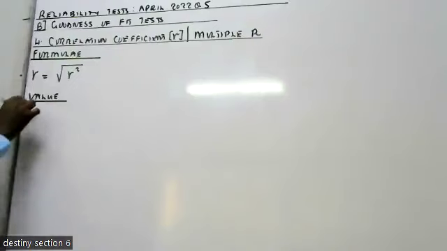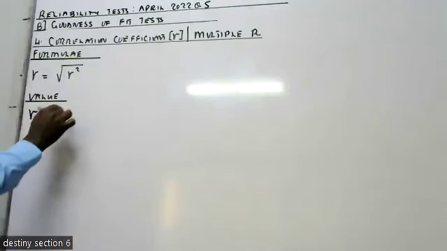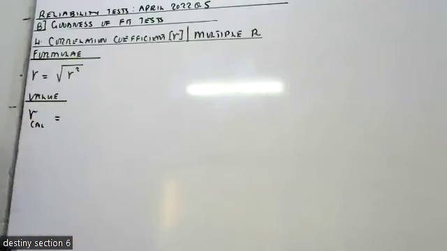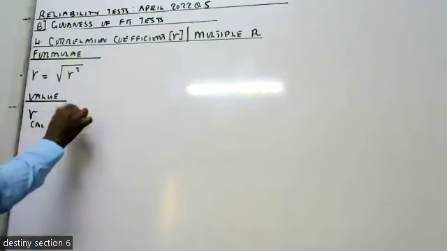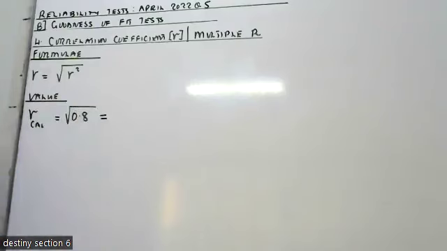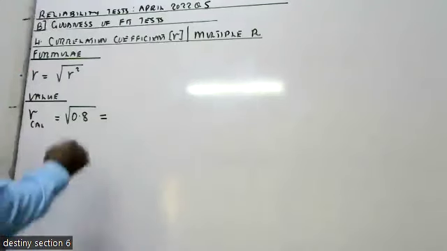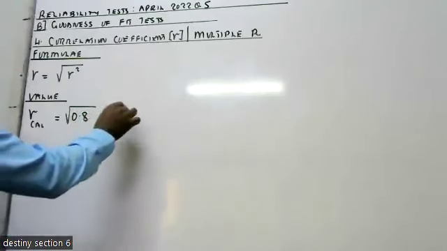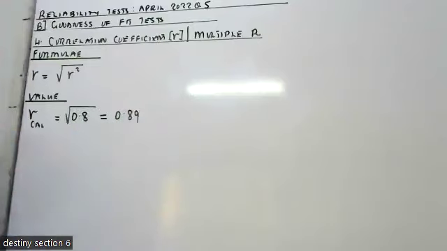R calculated is simply the square root of 0.8, because that is what we had gotten as R squared. So if you get the square root of 0.8, I'm getting 0.89.